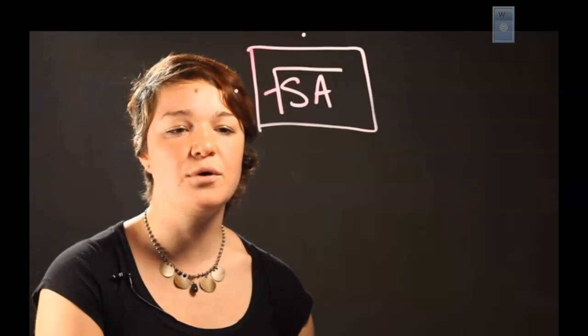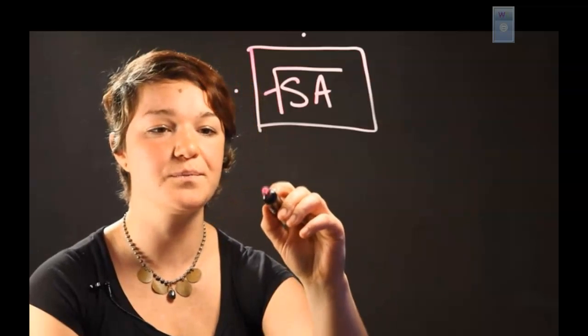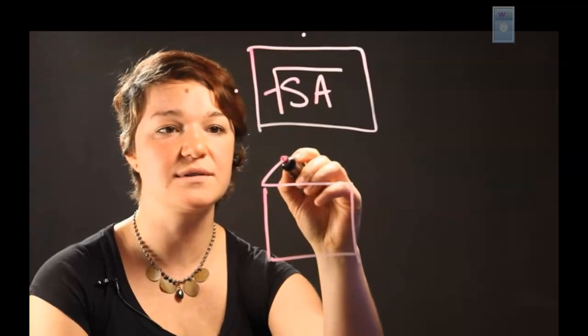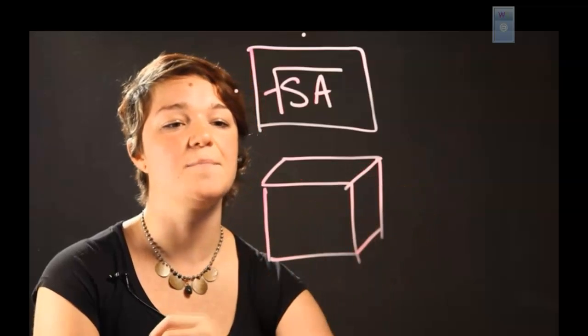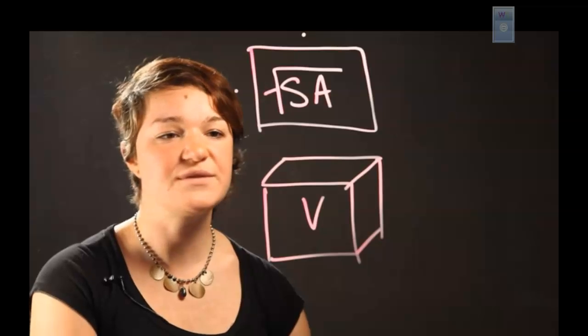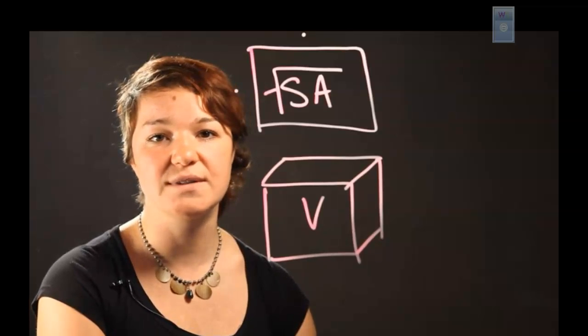We can make this example slightly more difficult, and let's say we have something with a volume. We'll have a cube. So let's say you want to build a house, for example, and the house is going to have a certain volume. So from this volume, you're going to want to figure out the surface area of the house.